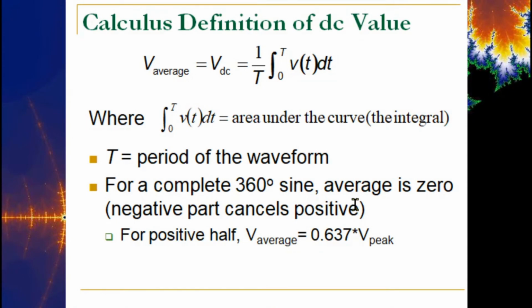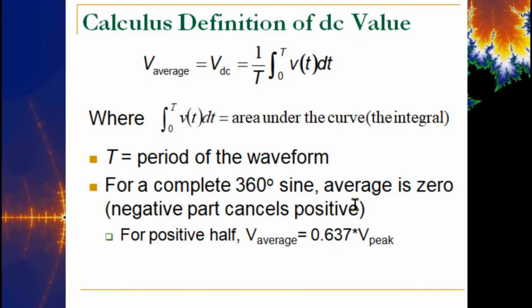If you look at the actual signal that comes out of the wall, it's 170 volts peak, and negative 170 volts peak for the minimum. So that's a 340 volt peak to peak signal, which is a lot bigger than the 120 number that we use.